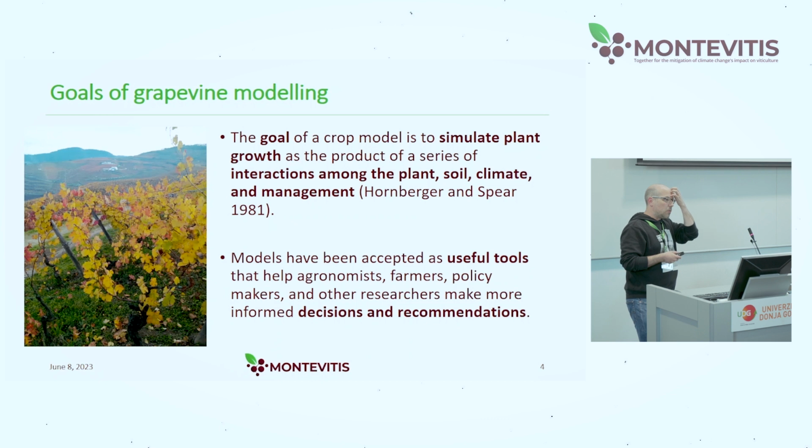Then, the goal of grapevine modeling is mainly to simulate the interactions between the plant, climate, and the management, because not only the environment is included in this, but also human management is important.